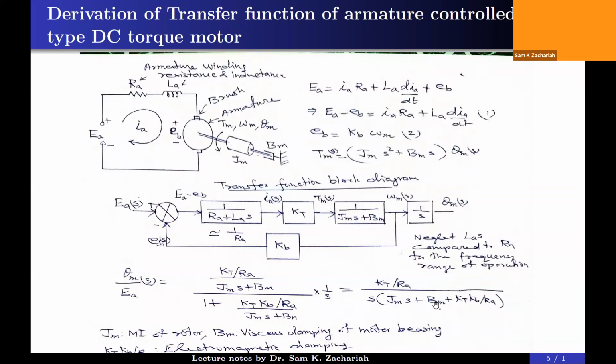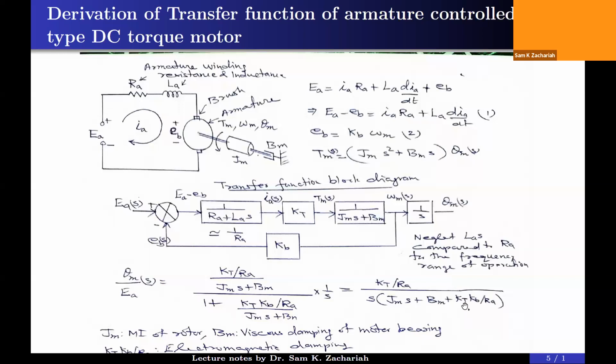BM is a mechanical passive damping, whereas KT KB by RA also has the units of damping. It is added to the passive damping, but this is due to electromagnetic induction.